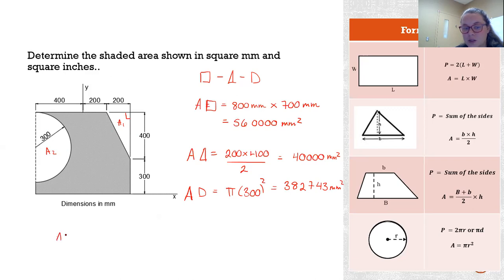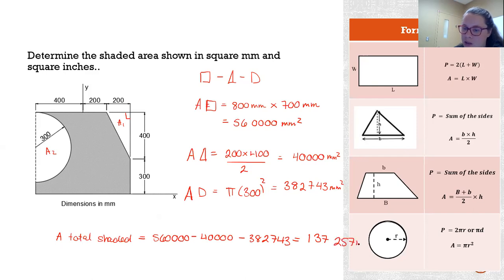So the area total is equal to 560,000 minus 40,000 minus 382,743, which leaves us with 137,257 millimeters squared.